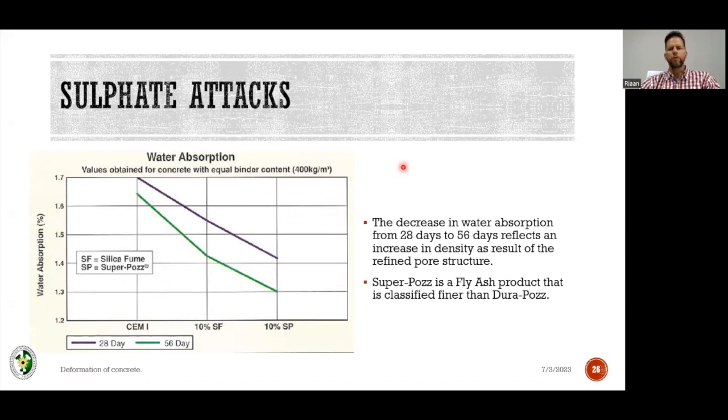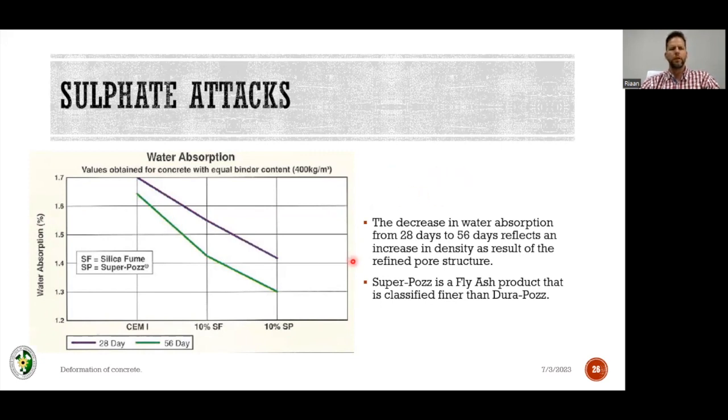So in terms of sulfate attack, water absorption becomes one of the concerns, amongst others. As soon as your concrete is porous and it can allow water to come into the pathways, you end up pulling sulfates in there if you have sulfates in the water.